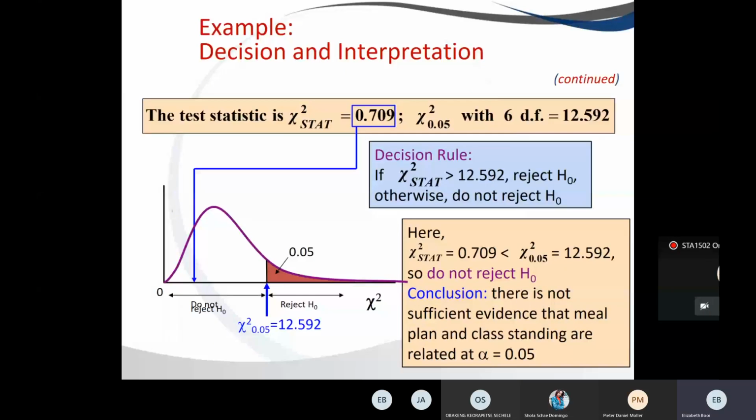Since it falls somewhere in the white area, we can make a decision by saying the test statistic of 0.709 is less than the chi-square critical value of 12.59 or 12.6. So we do not reject the null hypothesis, and then we conclude by saying there is no sufficient evidence that the meal plan and standing are related at 5% level of significance, and that's how you make a decision.